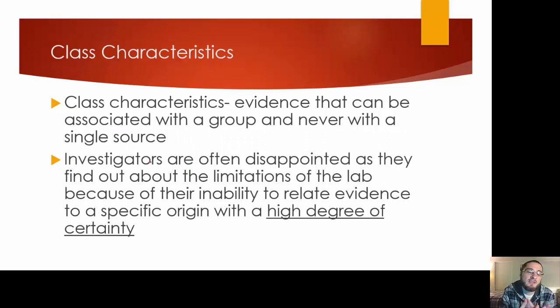It's not individual evidence. It's not going to pinpoint one specific person or origin, but it can help us to weed out what group it does not belong to. Okay, so class evidence is also important. And if you have enough class evidence, this class evidence and this class evidence and this class evidence, well, then you can put them together, and ultimately it creates individual evidence.